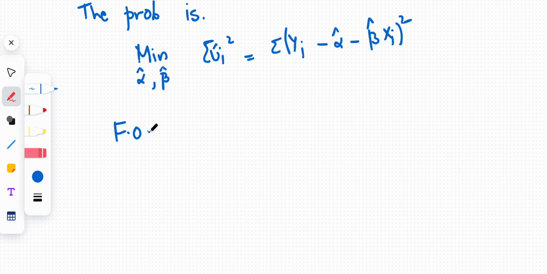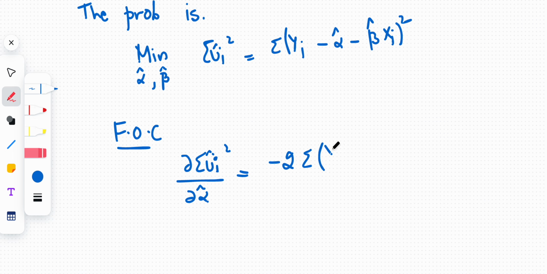So my first order conditions are, I think this is how it will go to summation minus from there yi minus alpha cap minus beta cap xi equal to 0.